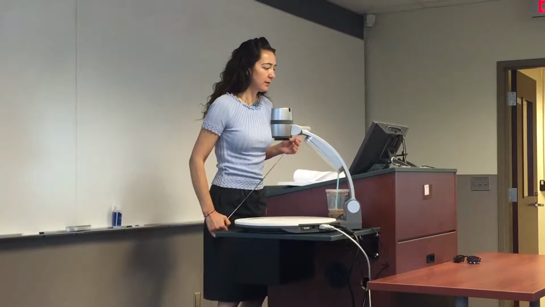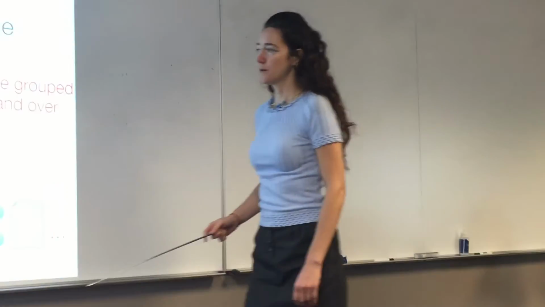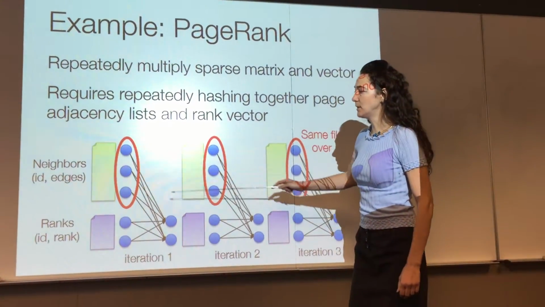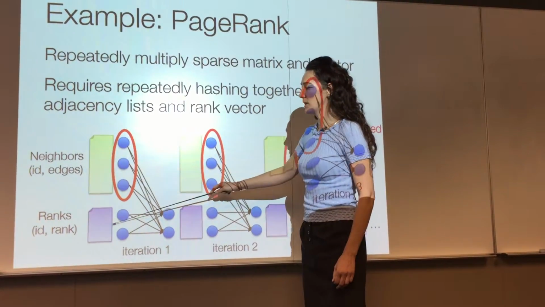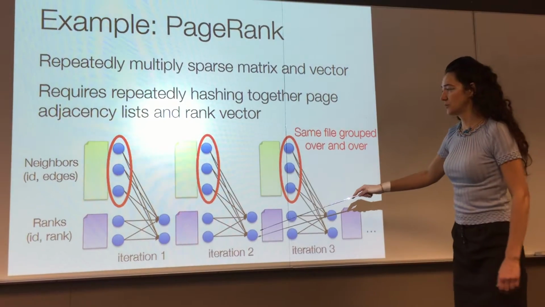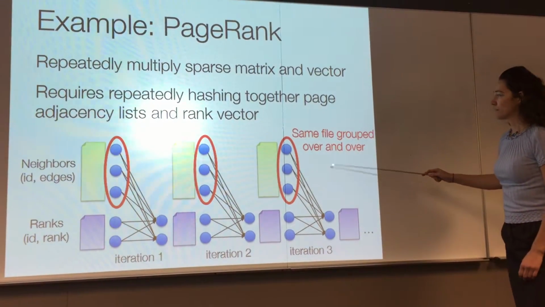If it has to do page ranking, it's also not very good because it needs to do multiple iterations. So there is iteration 1, it looks at the neighbors and ranks them by ID and rank, then has to do a second iteration, a third iteration.